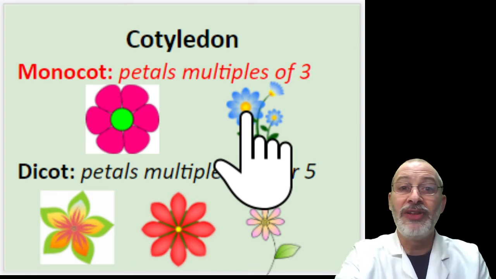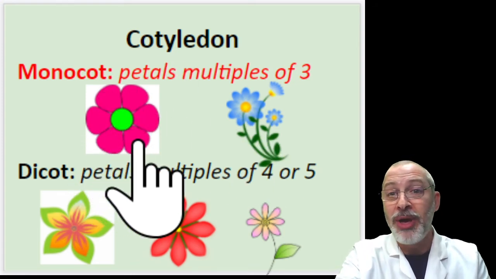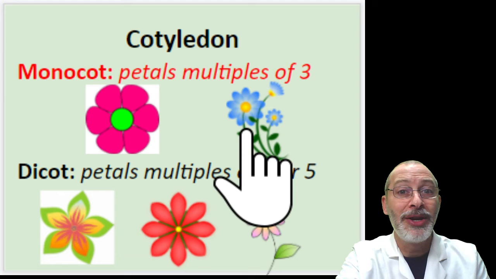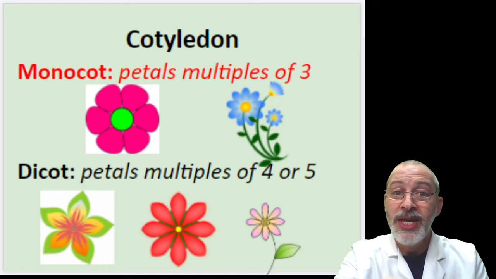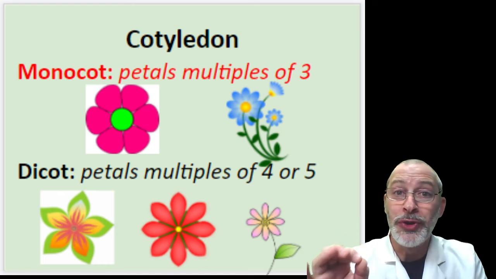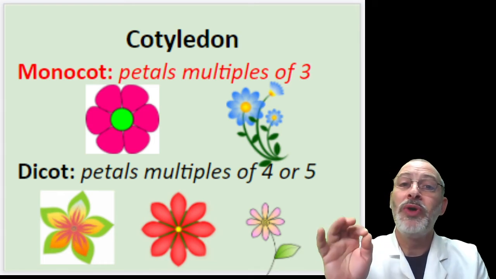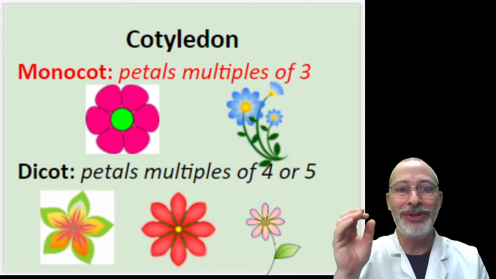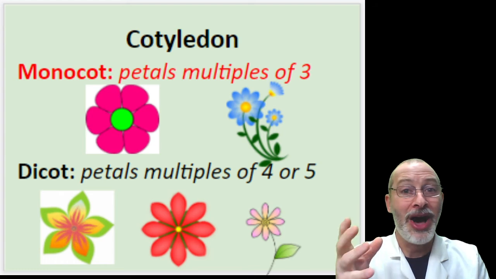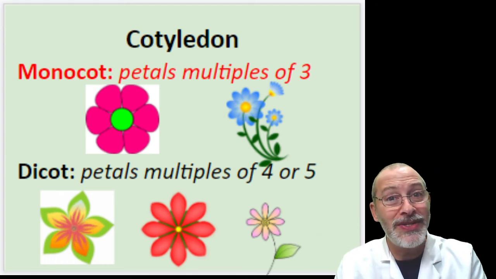So if you've got a flower with 6 petals or 9 petals, it's a multiple of 3, and it is a monocot, which also means the seeds produced by the monocot will have seeds that are monocots. There's only one cotyledon in their seeds.